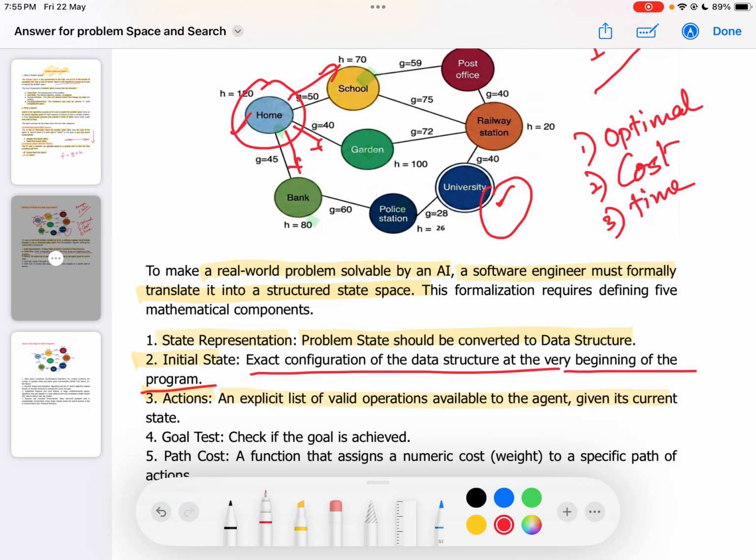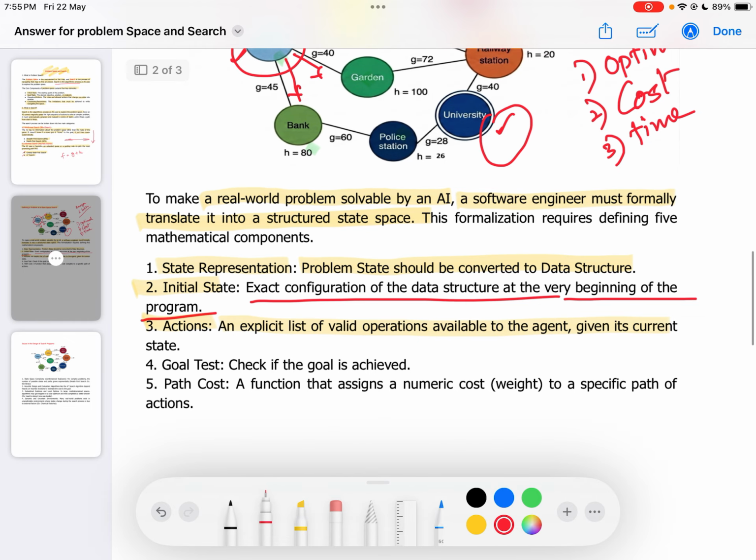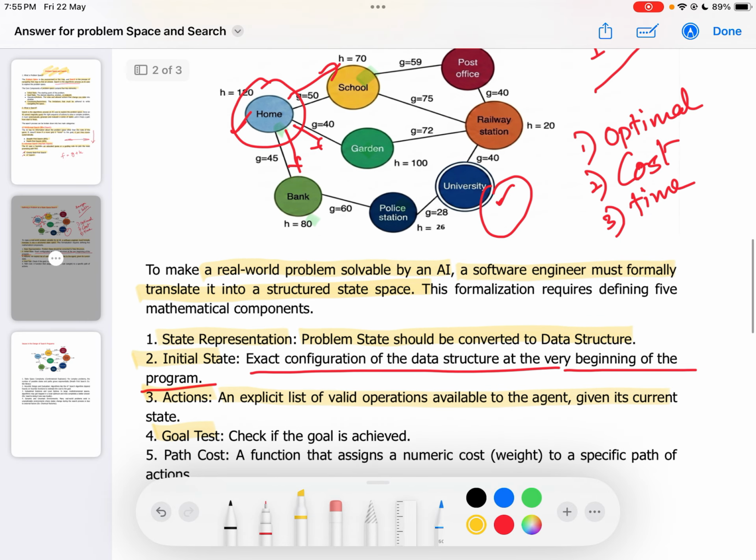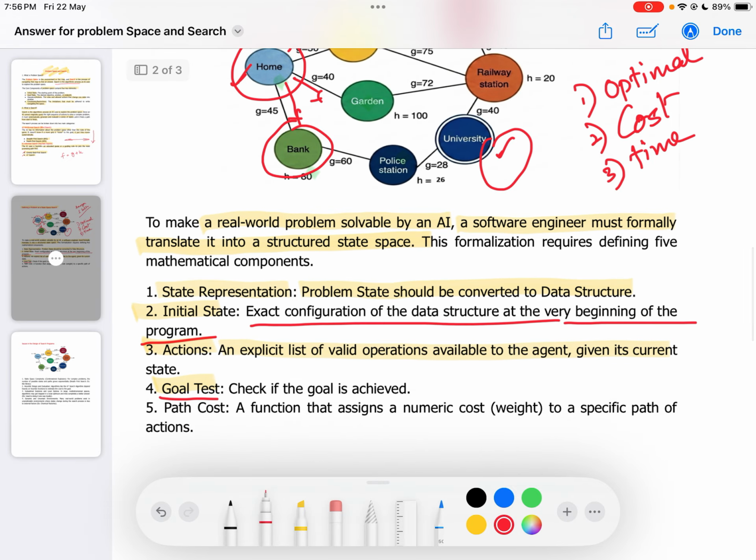So these are the actions that are available. Okay, next is the goal test. At every point we'll have to check. When we reach the bank, we'll have to check whether we have reached the goal. Okay, A star, we know that it is the bank, but A star has to cross-verify whether the goal has been reached.